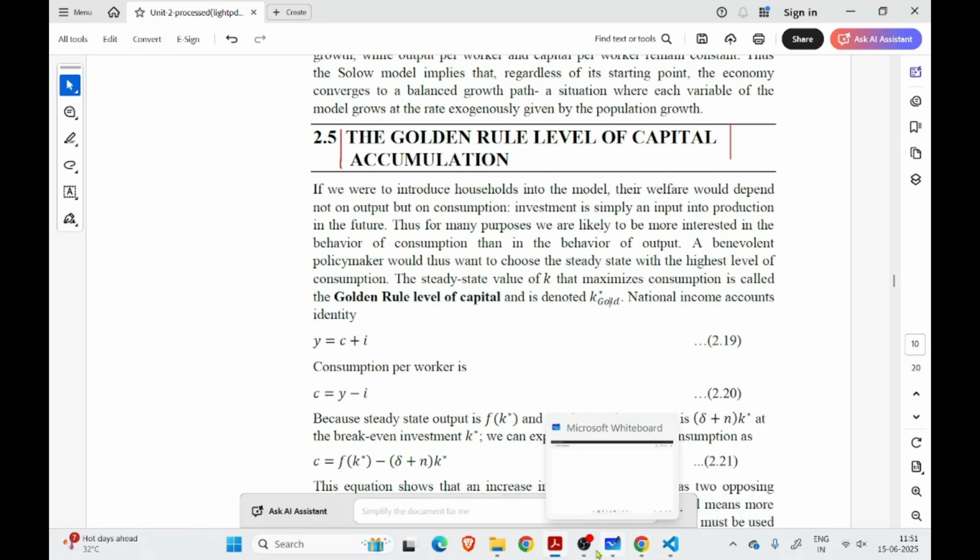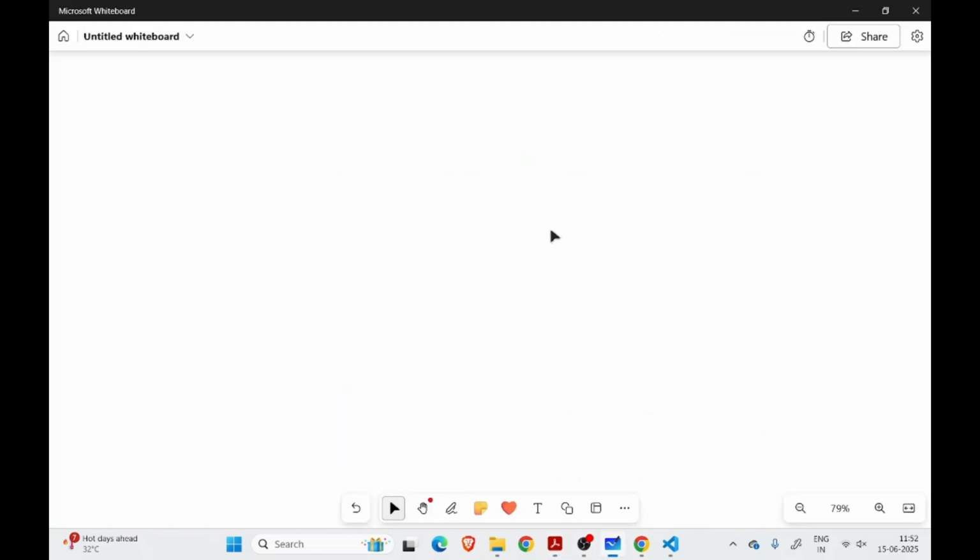Now let us see if we can derive this. So we know that income is equal to consumption plus investment, and this is income per unit labor, consumption per unit labor, investment per unit labor. Therefore we can write this as c is equal to y minus i.